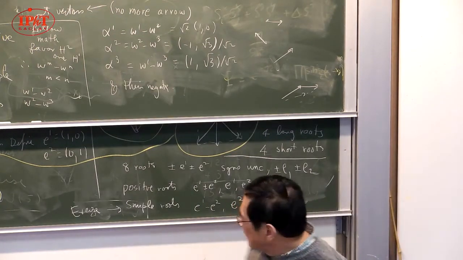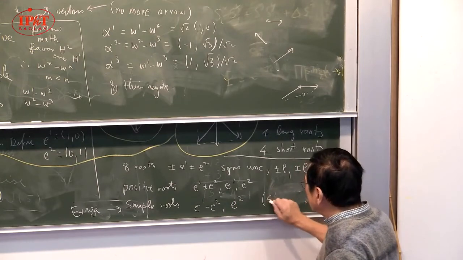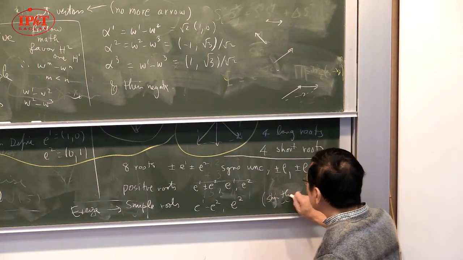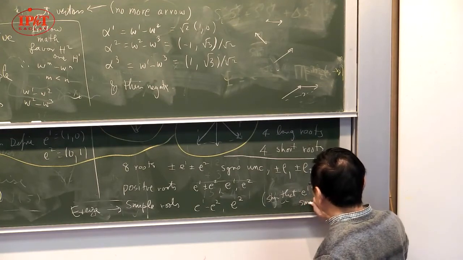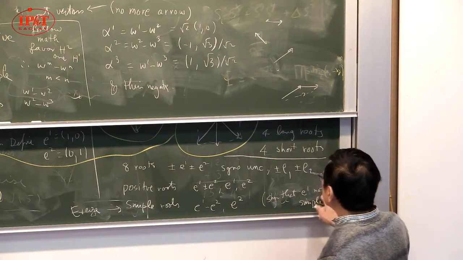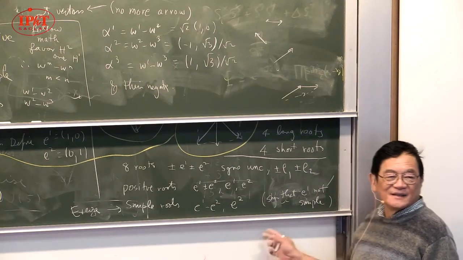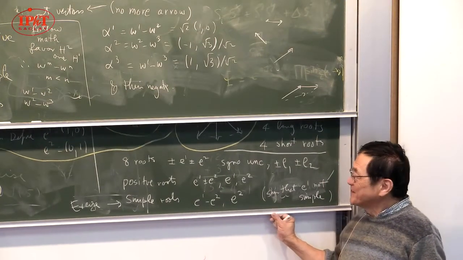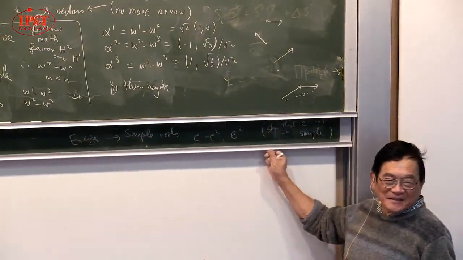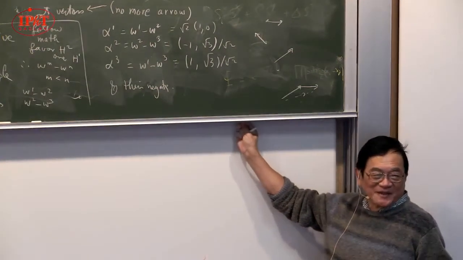To prove that, the exercise is just to show that E1 is not simple. You can almost do this in your head. And I think Kiron is doing it in his head right now. I can see the expression on his face, I can almost see the wheels in his head turning.